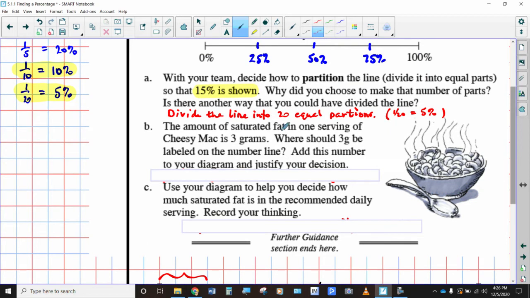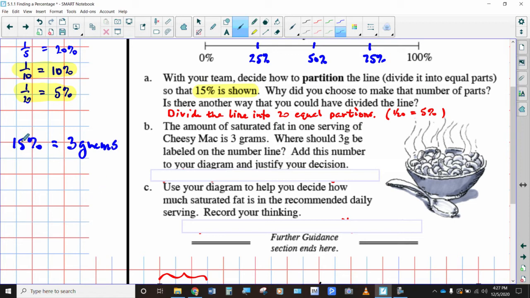So the amount of saturated fat in 1 serving of cheesy mac is 3 grams. Where would 3 grams be labeled on this number line? Okay, so keep in mind that we've got a situation where it said 15% is equal to 3 grams.